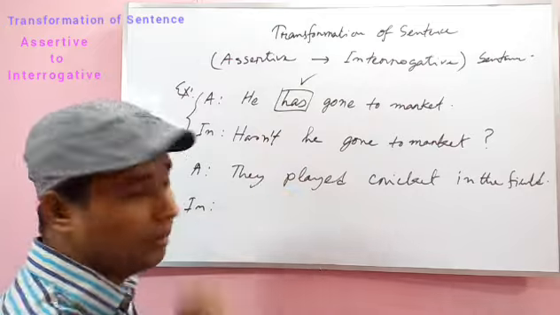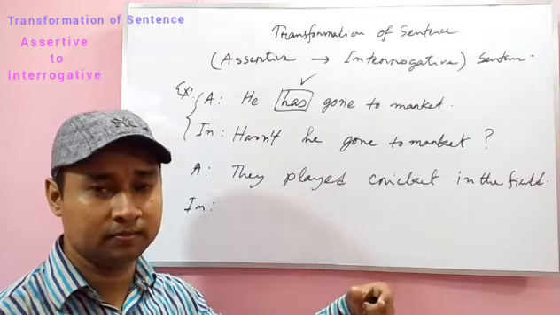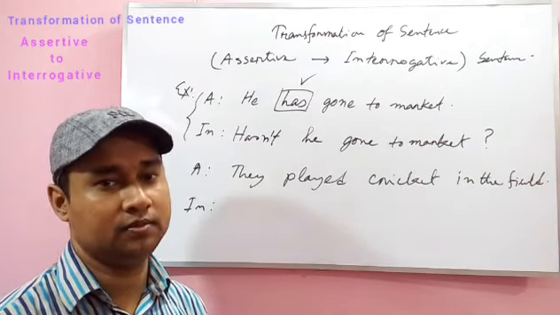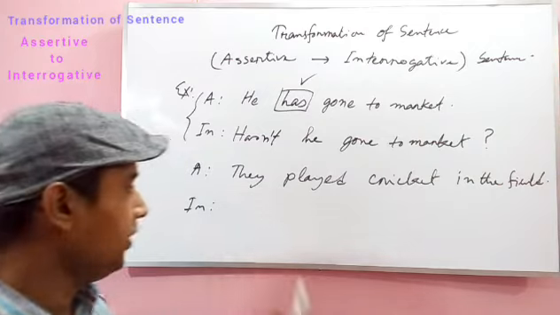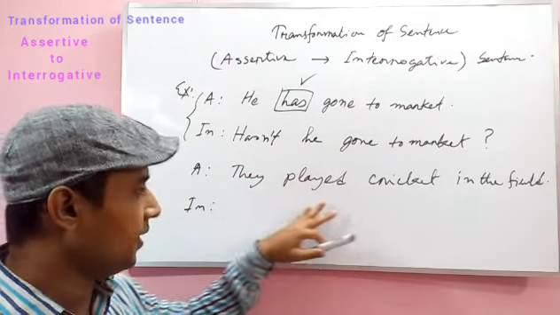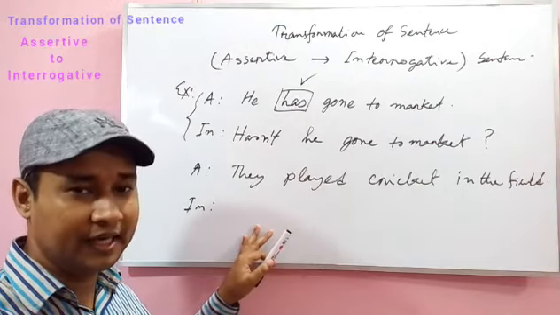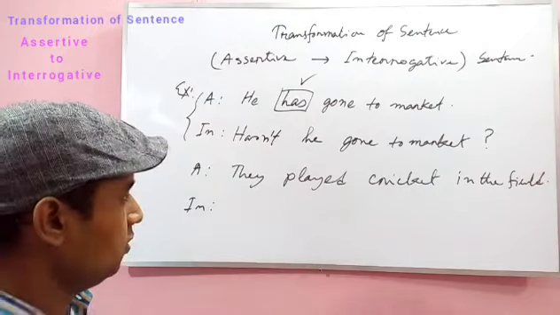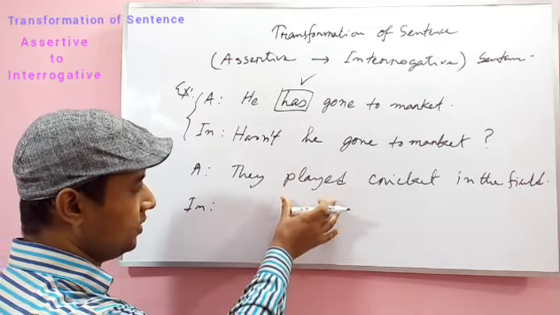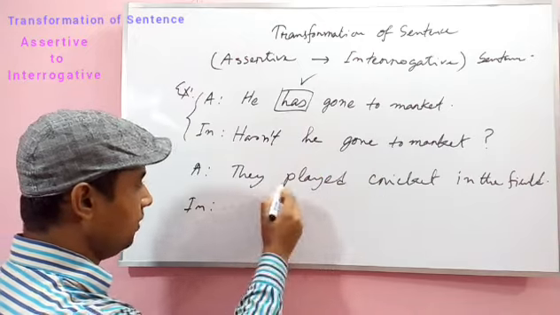There is no auxiliary verb. When you find there is no auxiliary verb in an assertive sentence, you should give do, does, did at first in the interrogative sentence. As there is no auxiliary verb and no negative form, you should give do, does, did.